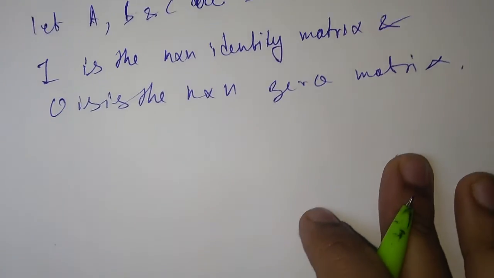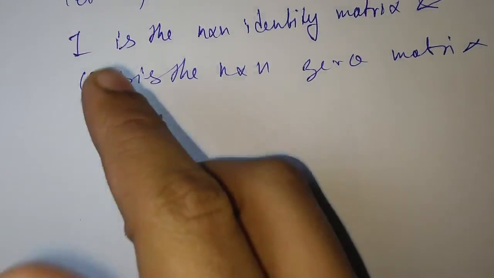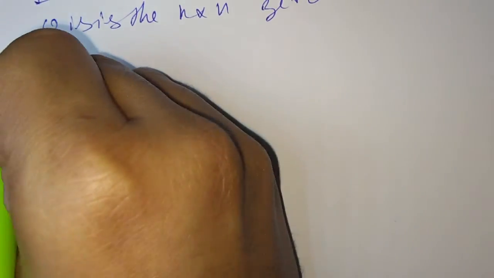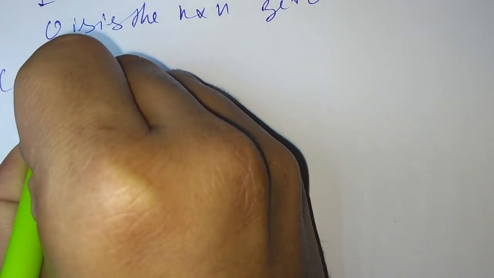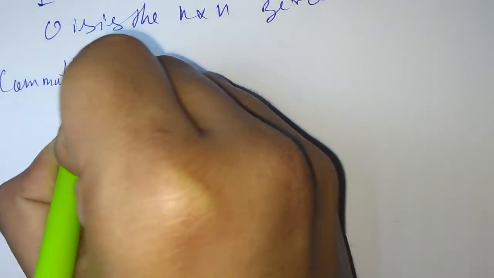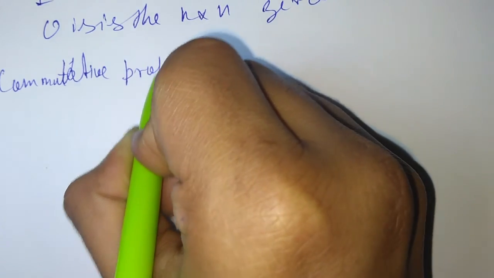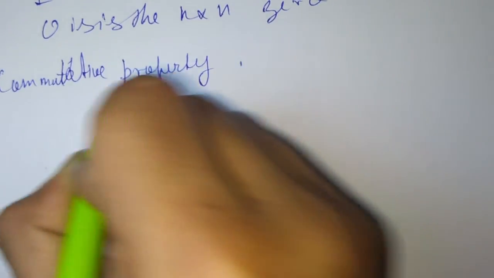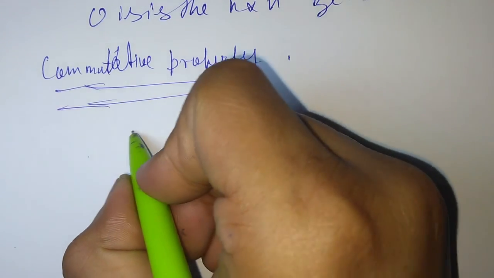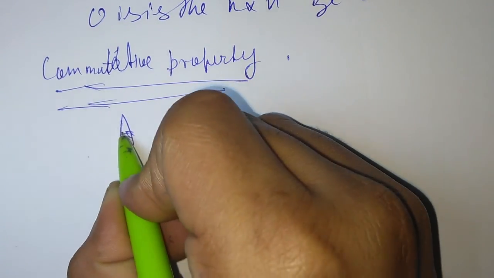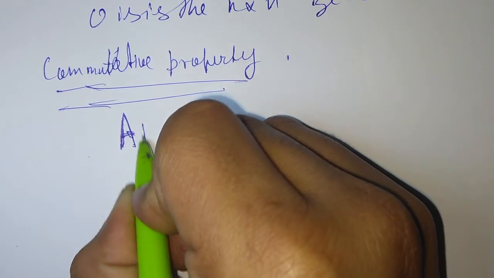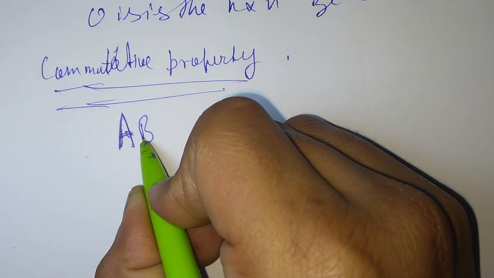The first property we'll study about will be the commutative property. When we talked about dimensions, we saw that matrix multiplication is not commutative.